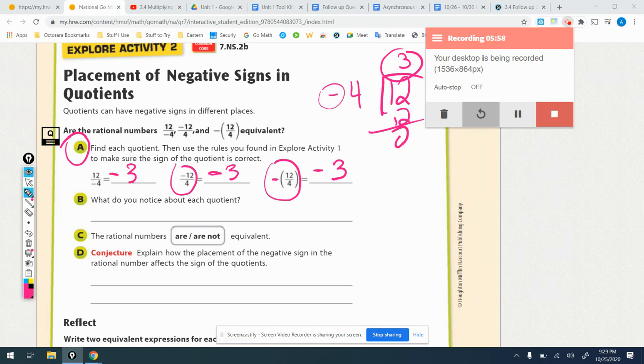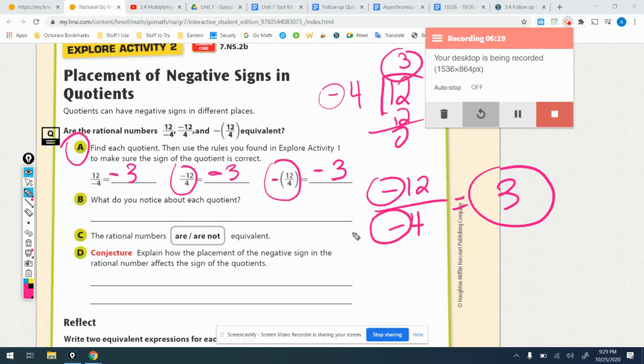So each quotient is the exact same answer, no matter where that negative sign is in the problem. The only way this problem would be different is if I had negative 12 divided by negative 4. My answer would be 3, and it would be positive 3 because I have two negative numbers to cancel out into a positive.